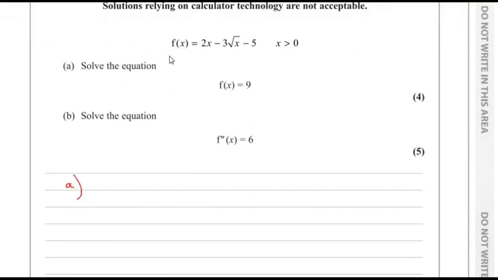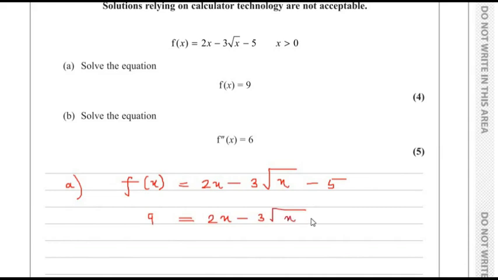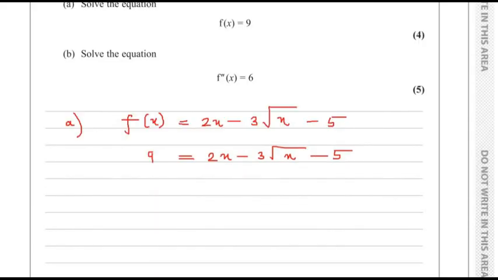Part A: they have given f of x is equal to 2x minus 3 root x minus 5, and f of x is given as 9. So in place of f of x, I am going to substitute 9. So 9 is equal to 2x minus 3 root x minus 5. Now I am going to make a small rearrangement.